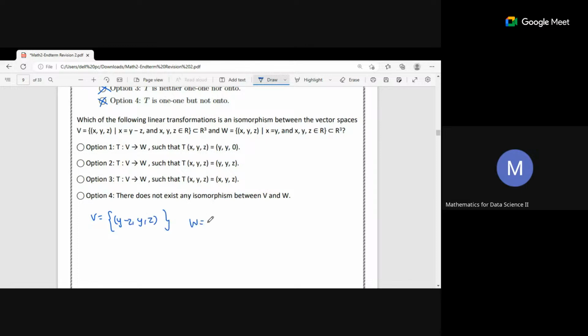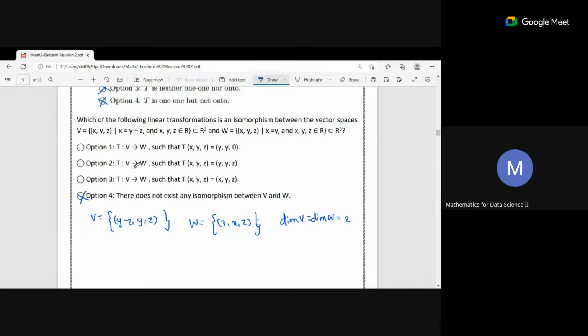And what is W? (x, x, z). Here both have how many unknown variables? 2. So dimension of V is equal to dimension of W is equal to 2. So first of all, there exists a linear isomorphism. So this option is incorrect.